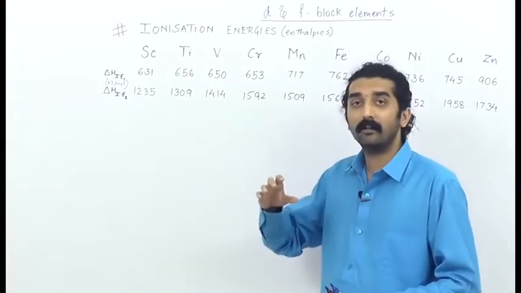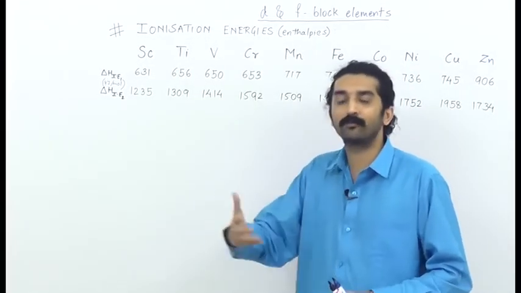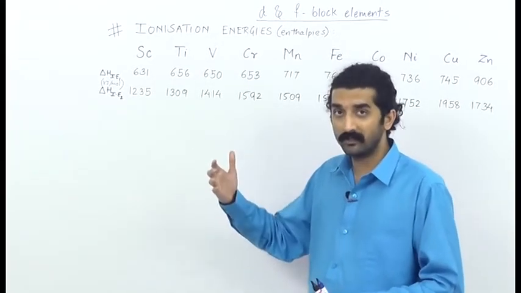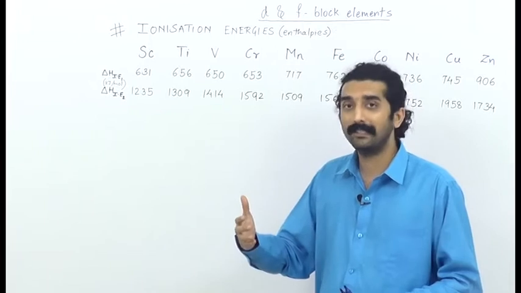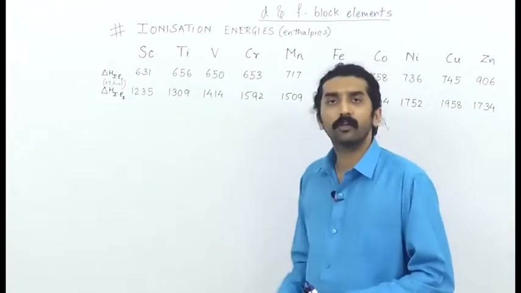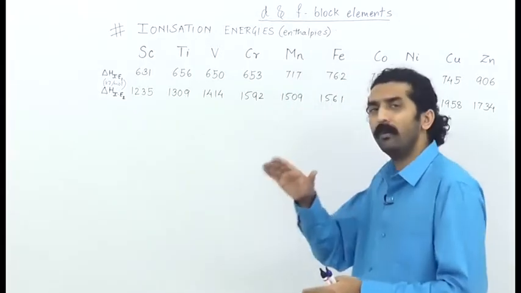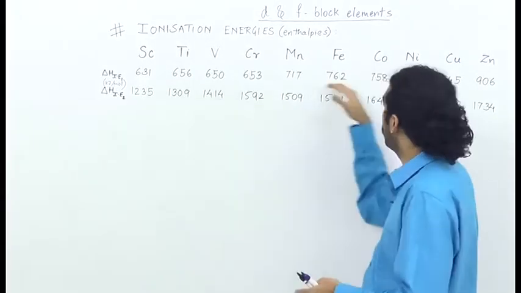That means it has to remove that many electrons, one from each and every atom, right? So to remove 6.023 into 10 raised to 23 electrons, 631 kilojoules of energy is required. That makes sense, right?